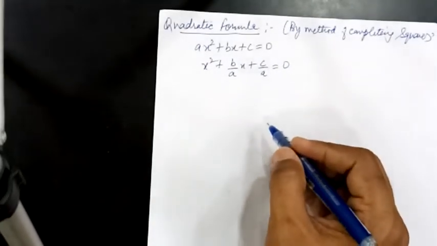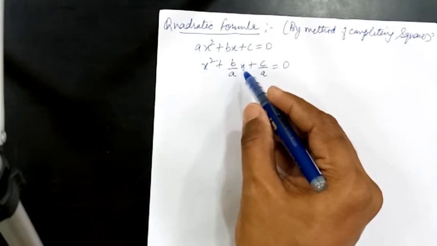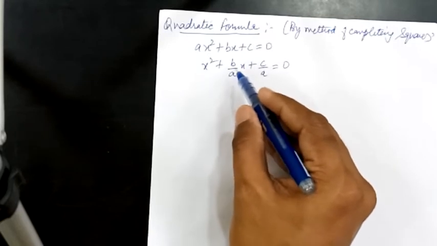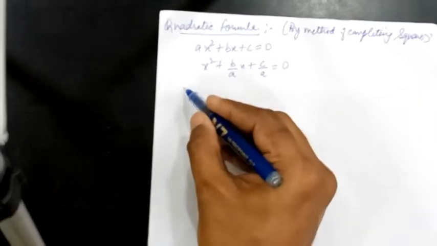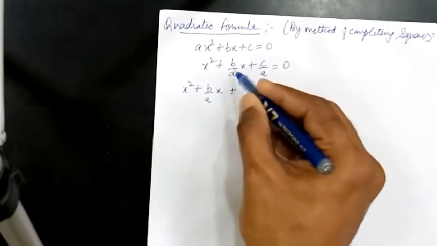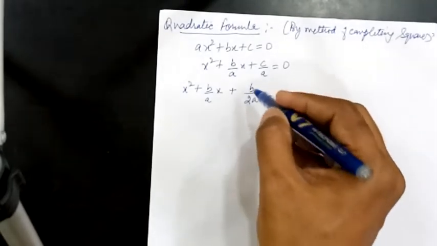Now what you have to do is just take the coefficient of x. Remember the method I am using here. Take the coefficient of x, that is b upon a, and take half of that coefficient, like this. Put this value same here. Take half of this coefficient and square it.